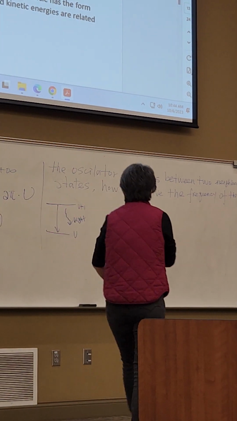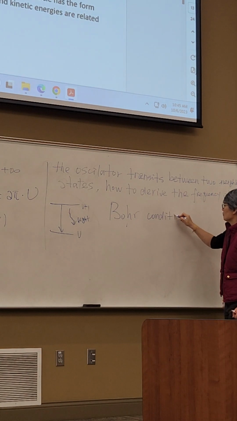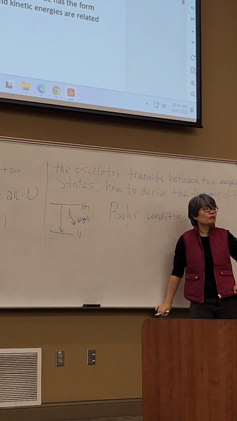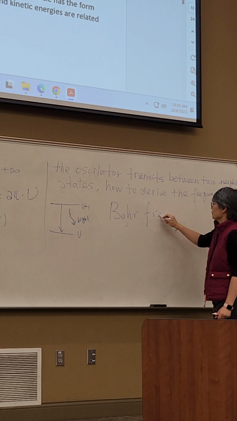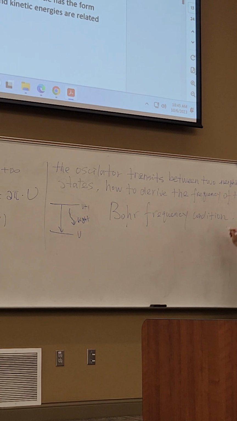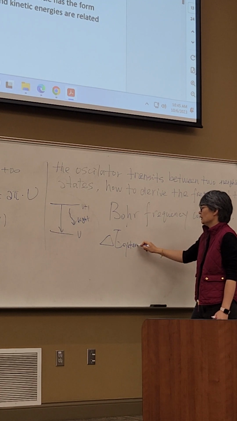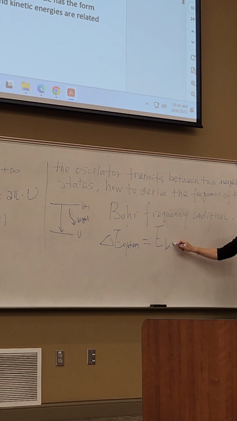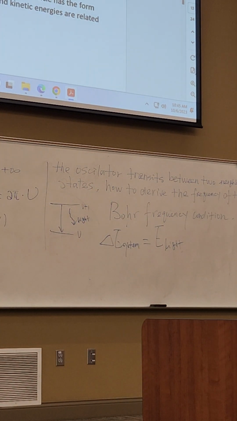Then I need to satisfy the Bohr frequency condition. So the energy difference in your system or the particle has to equal the energy of the light, whether it is absorbed or released. And we have done this before, except that we're going to apply this to our vibrational motion.